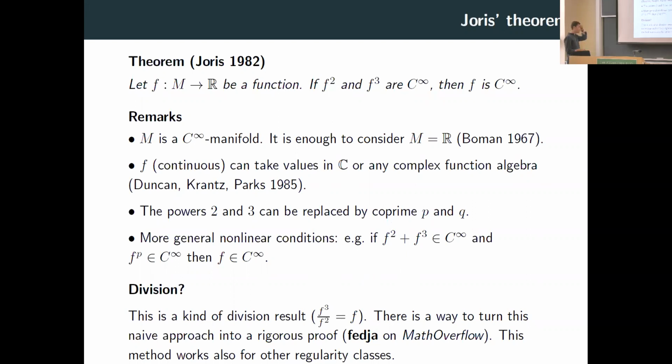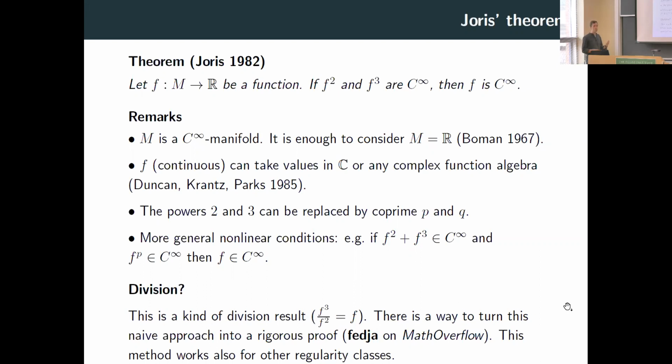But the point of this talk is that there is a way to make this naive idea into a rigorous proof. This was proposed a few years ago by a user on MathOverflow, nicknamed Fedja.